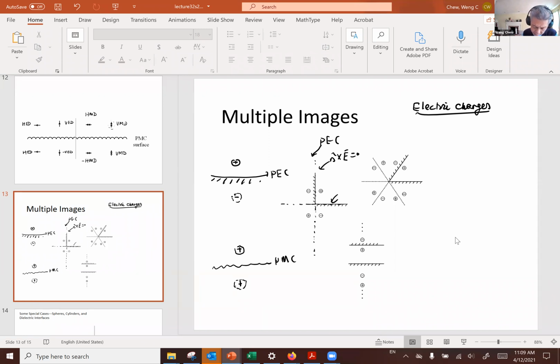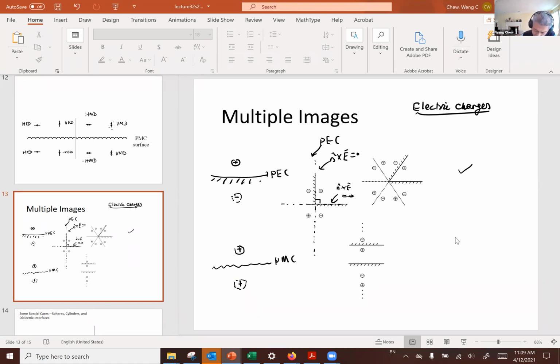So I can see that n cross E is also 0 on that surface, which means that by the use of 4 charges, I can make n cross E be 0 over the entire angular surface, or 90-degree surface, I have here. So this is one use of image theorem that is beyond a flat surface. I can do the same thing for a more complicated surface like this one over here.